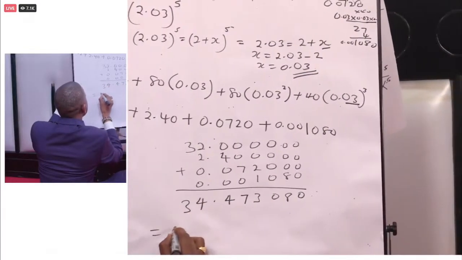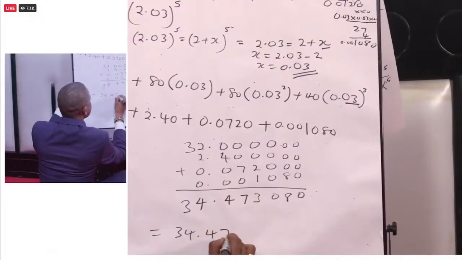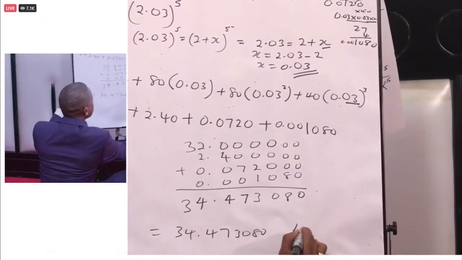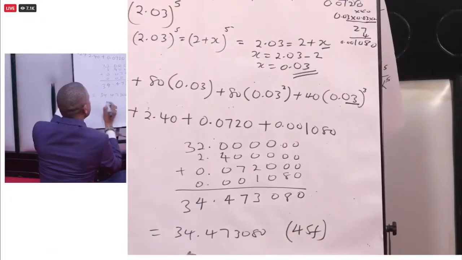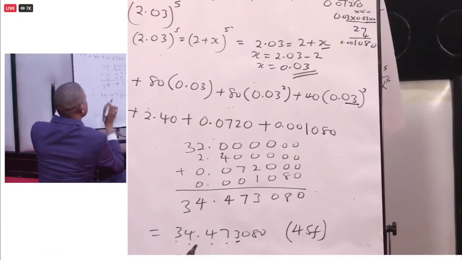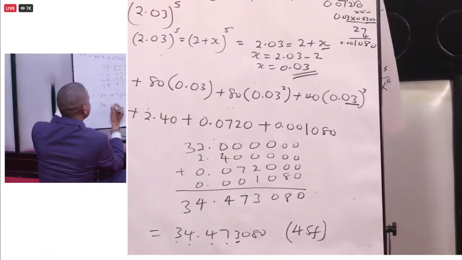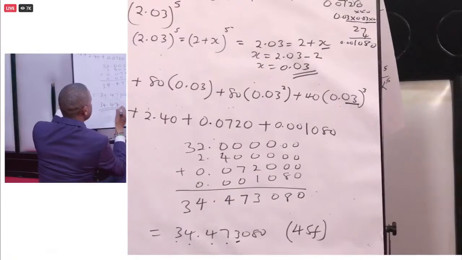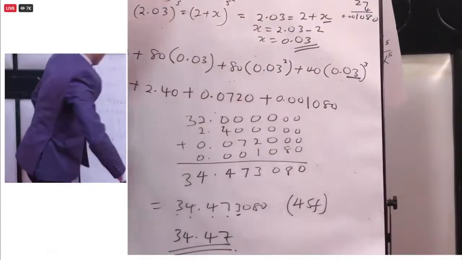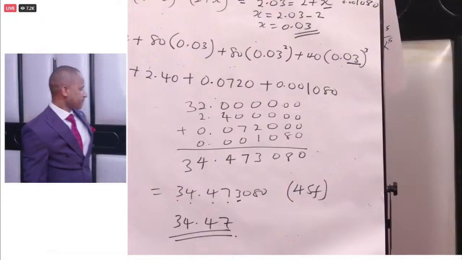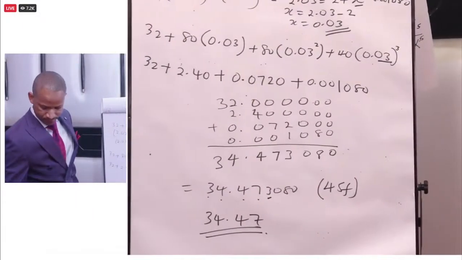So our answer is 34.473080. But they want it to 4 significant figures. 1, 2, 3, 4. The next digit is less than 5, so this remains 7. So it is 34.47. Do you think we are correct?